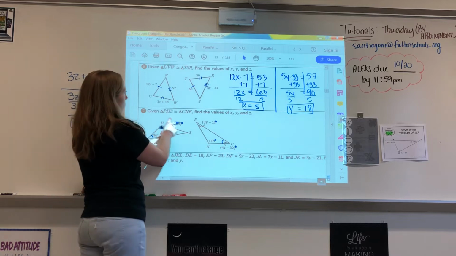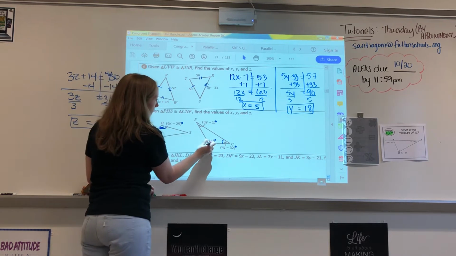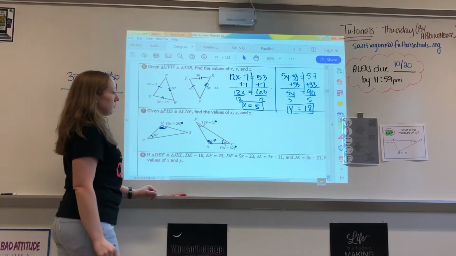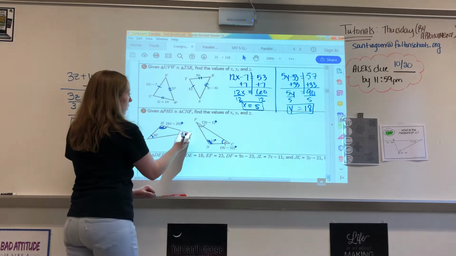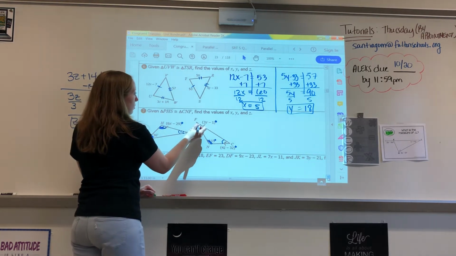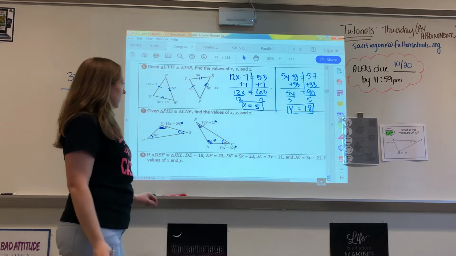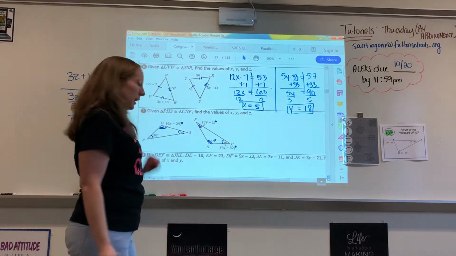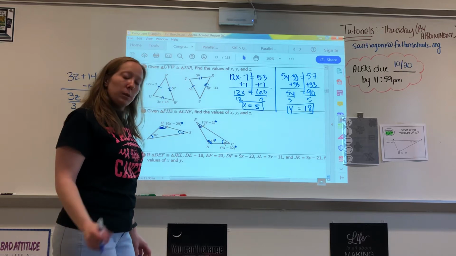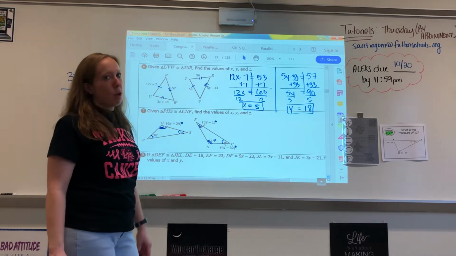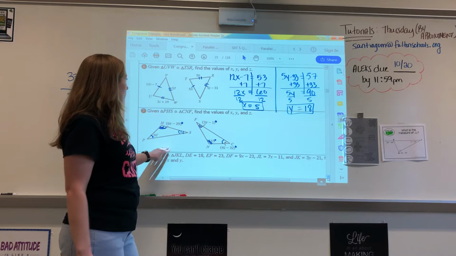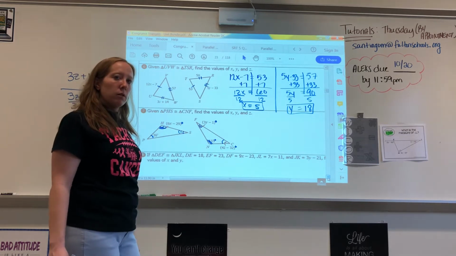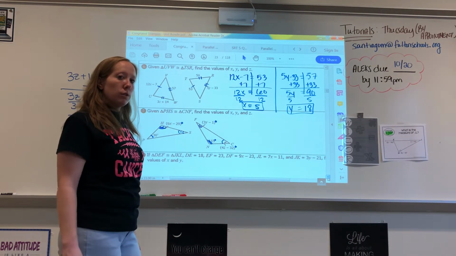And then H corresponds to N. That'll have two lines here. And therefore, angle S corresponds with F. Now I want you to pause, find X, Y, and Z. Okay, please try it, or else how is this going to help you for your homework? All right, pause it, try number 7 right now, and then we'll go over it, okay?